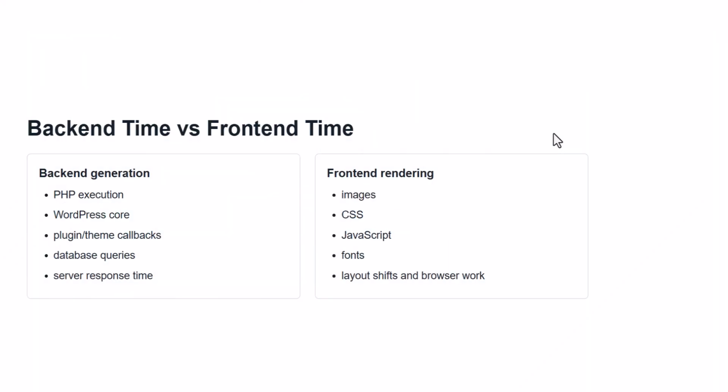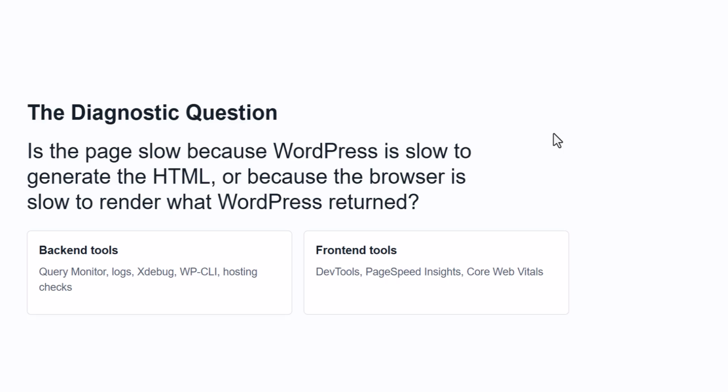Now we can separate two major categories. Backend generation includes PHP execution, WordPress core, plugin and theme callbacks, database queries, and the server response. Front-end rendering includes images, CSS, JavaScript, fonts, layout shifts, and browser work. So, the first diagnostic question is this: is the page slow because WordPress is slow to generate the HTML, or because the browser is slow to render what WordPress returned?